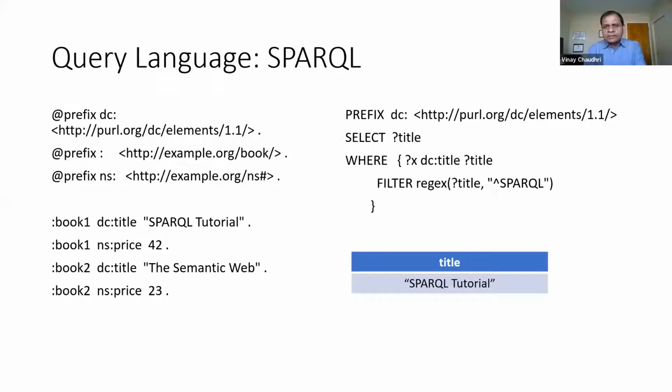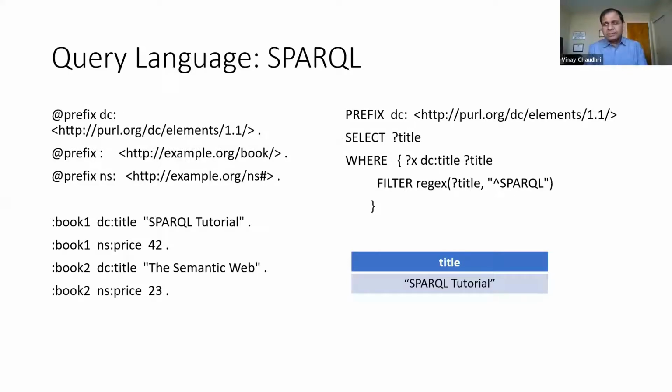We can do that using the query shown to the right. The main thing to notice is this filter expression in which we are using a regular expression. It is a very simple regular expression looking for titles which begin with SPARQL. In general, we can use any regular expression here, and do any kind of filtering that would be allowed by the regular expression language.